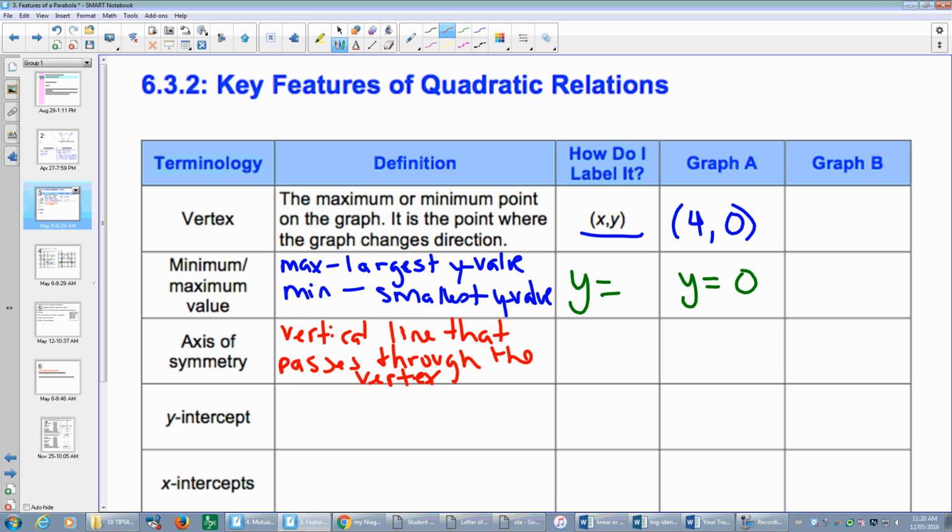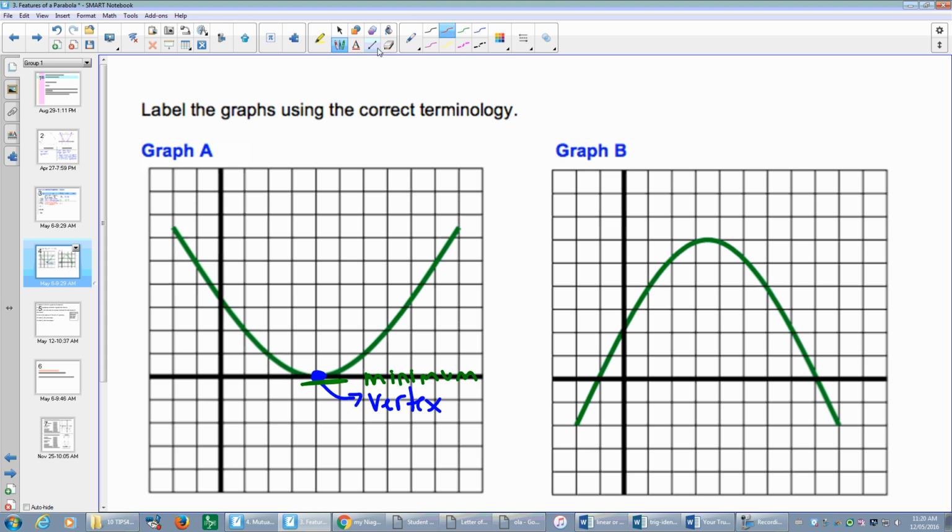The equation of the axis of symmetry, so how do we label it? Well, we will always label this x equals. So your axis of symmetry, if I go back to my graph, is a vertical line.